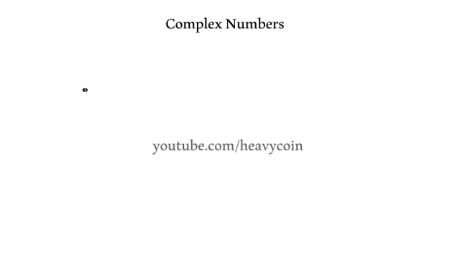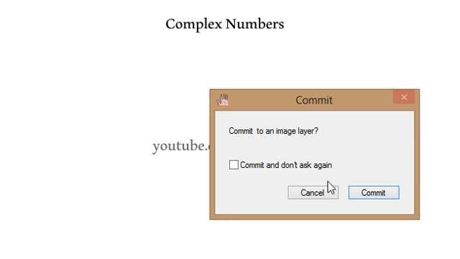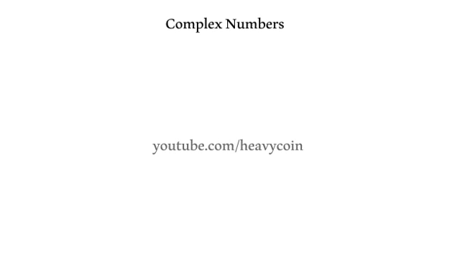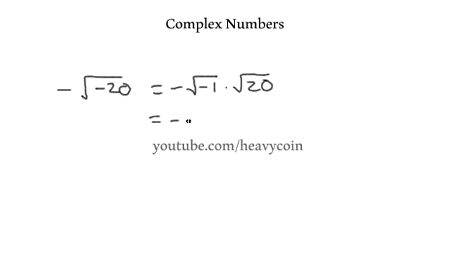All right. Let's look at another one here. Negative square root of -20. So this is negative square root of -1 times the square root of 20. Now we can break this up. Negative square root of -1 is i.